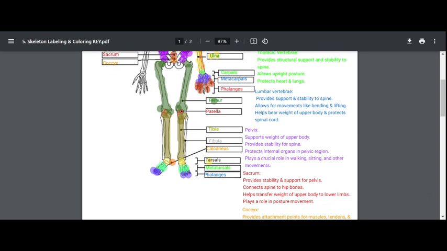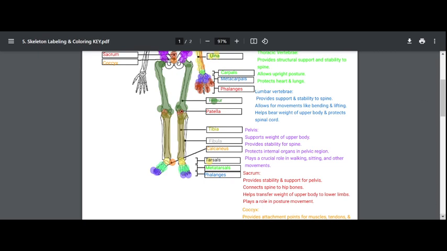So the sacrum provides stability and support for pelvis, connects spine to hip bones, helps transfer weight of upper body to lower limbs, and plays a role in posture movement.